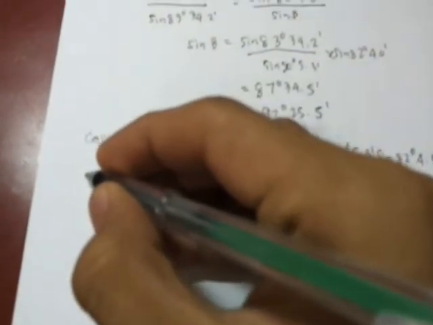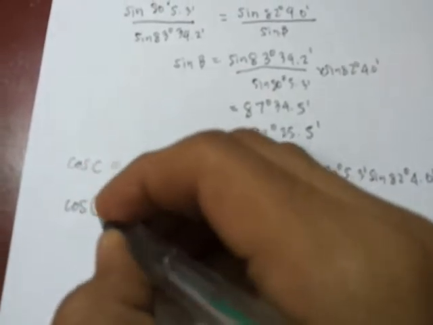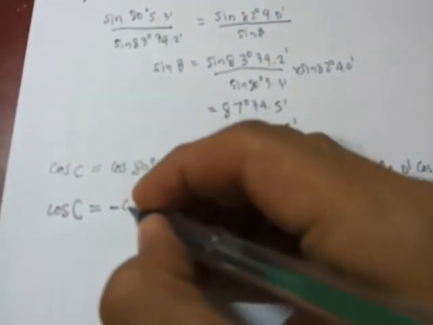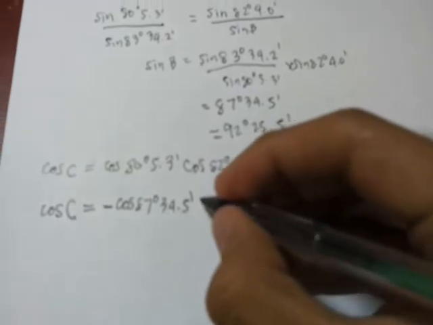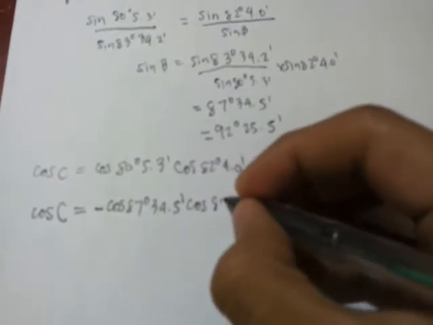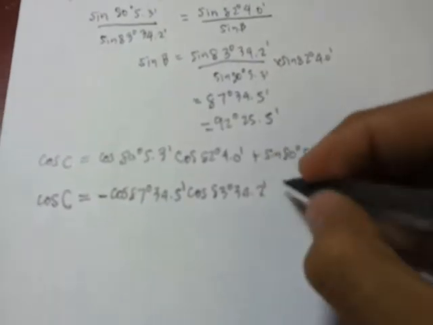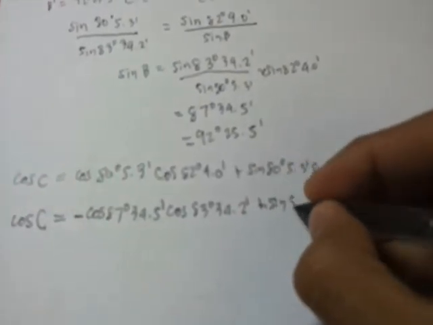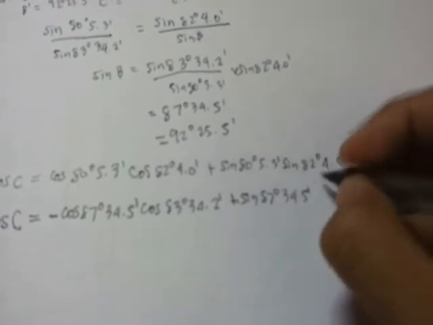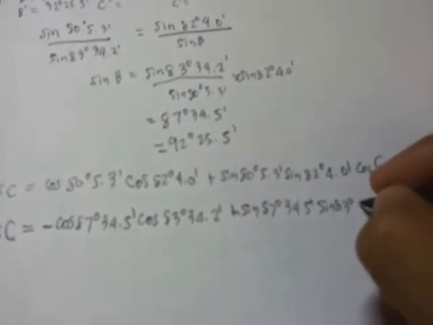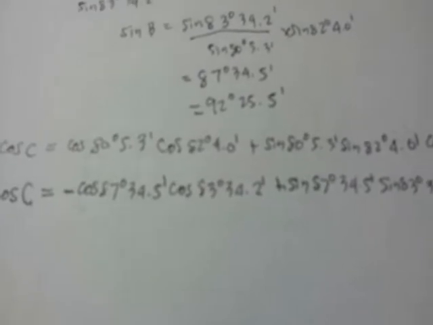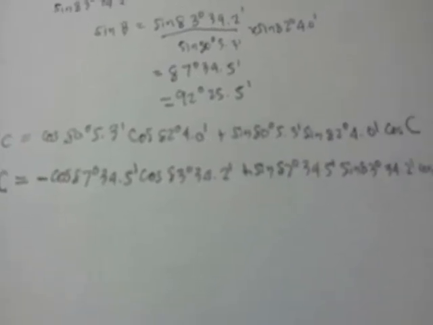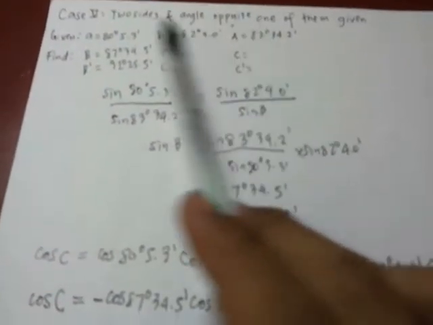And then for the sides now, the law of cosines for sides: negative cosine 87 degrees 34.5 minutes, and then cosine 83 degrees 34.2 minutes plus sine 87 degrees 34.5 minutes sine 83 degrees 34.2 minutes cosine of C. In this formula for the cosine of sides, remember to use the first angle given, this one, and the angle we obtained.